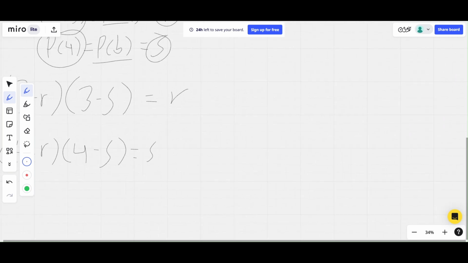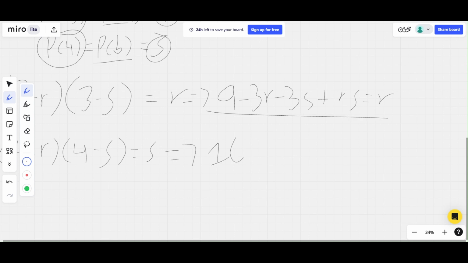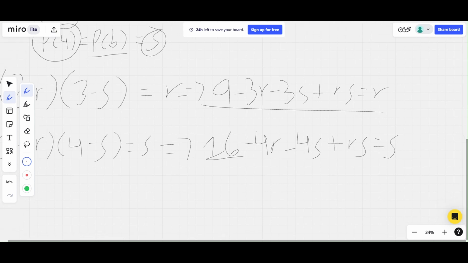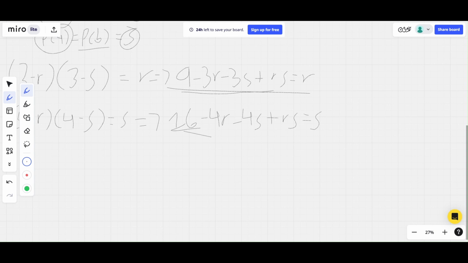Let's expand each of these equations out. We get 9 minus 3r minus 3s plus rs equals r for the first equation, and 16 minus 4r minus 4s plus rs equals s for the second. Since 16 is larger than 9, let's subtract the first equation from the second.